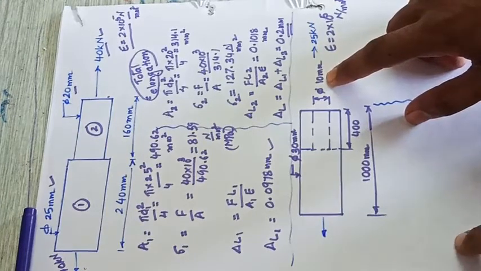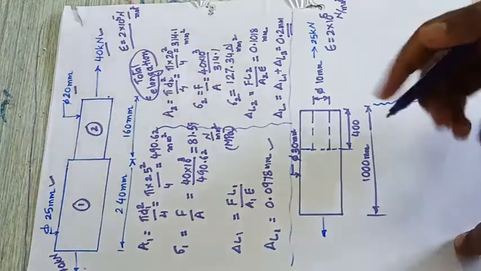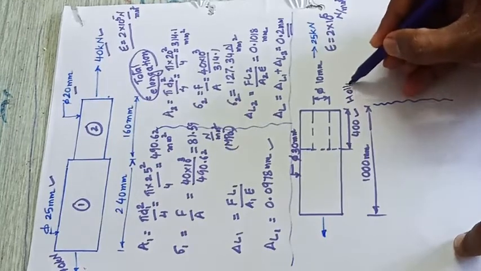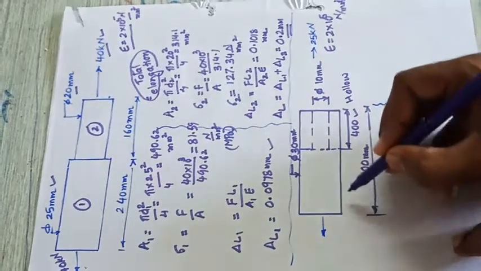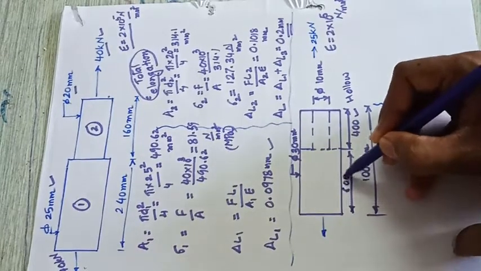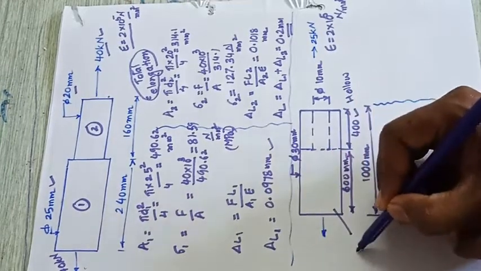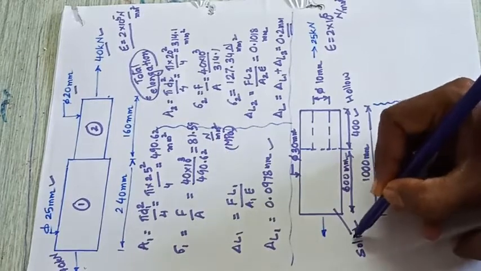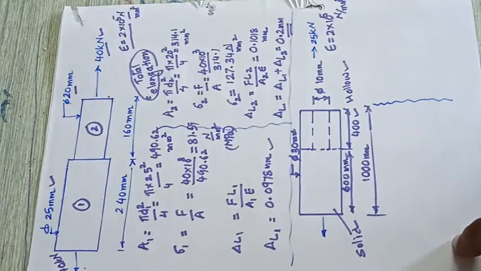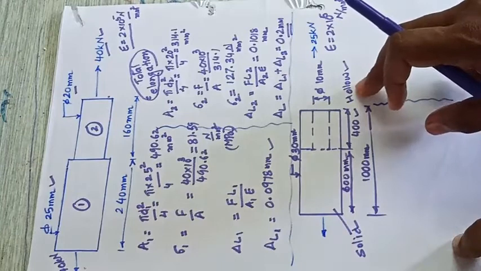Means here, if we consider the total length as 1000 mm, in that 400 mm is hollow, and the remaining portion, that is 600 mm, is solid. Within the bar there are two cross sections, a solid cross section and a hollow cross section.